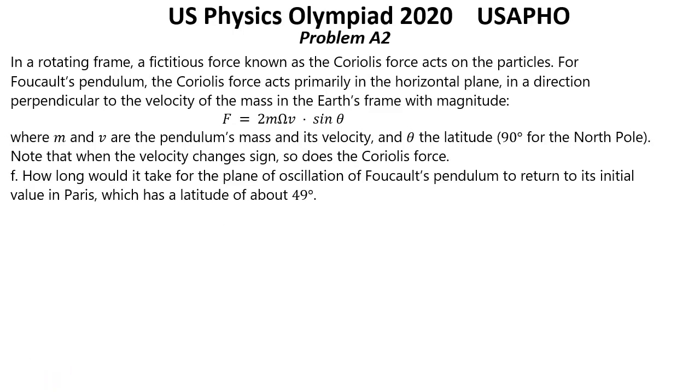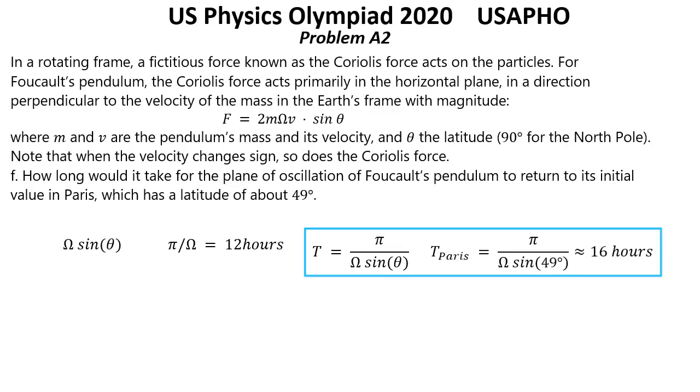Since the expression for the Coriolis force only depends on the combination omega sine theta, and since the solution at the North Pole must be pi over omega equal 12 hours, the time at a general latitude must be pi over omega sine theta. And for Paris we have pi over omega sine 49 degrees, which is about 16 hours. That was the solution for question F, and that was the solution for the whole problem A2.